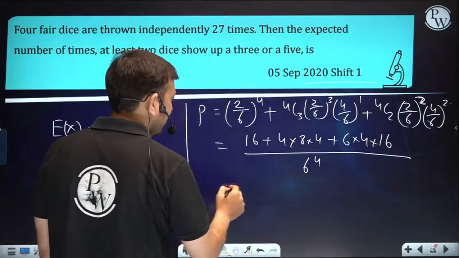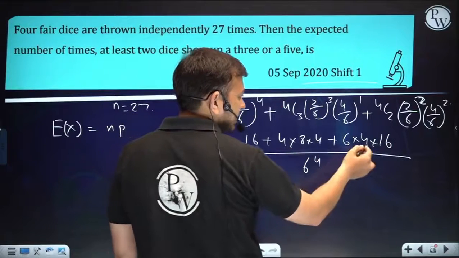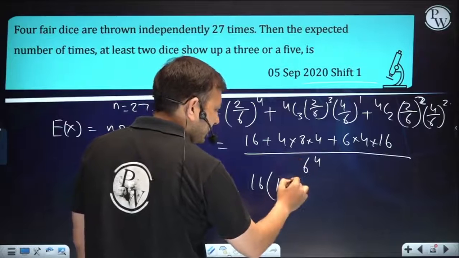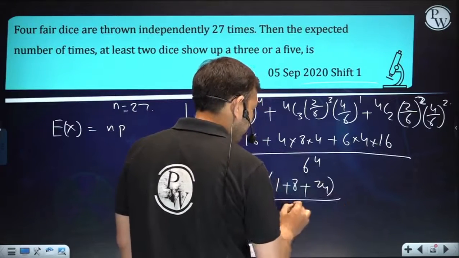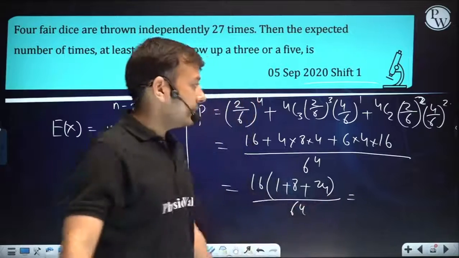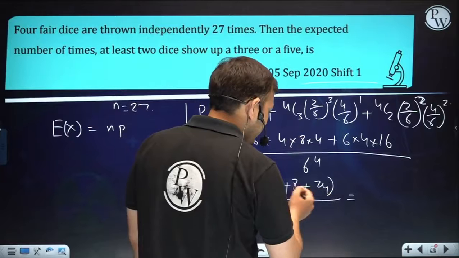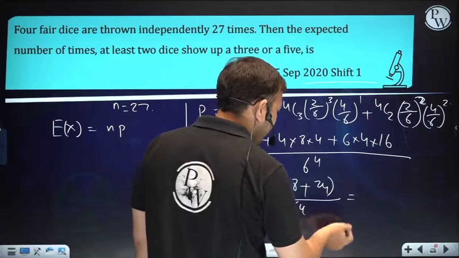Now if you calculate, 4 4s are 16, again 4 4s are 16, so 16 taken out, 1 plus 8 plus 4 6s are 24. So 25 plus 8, or 24 plus 9, 33.